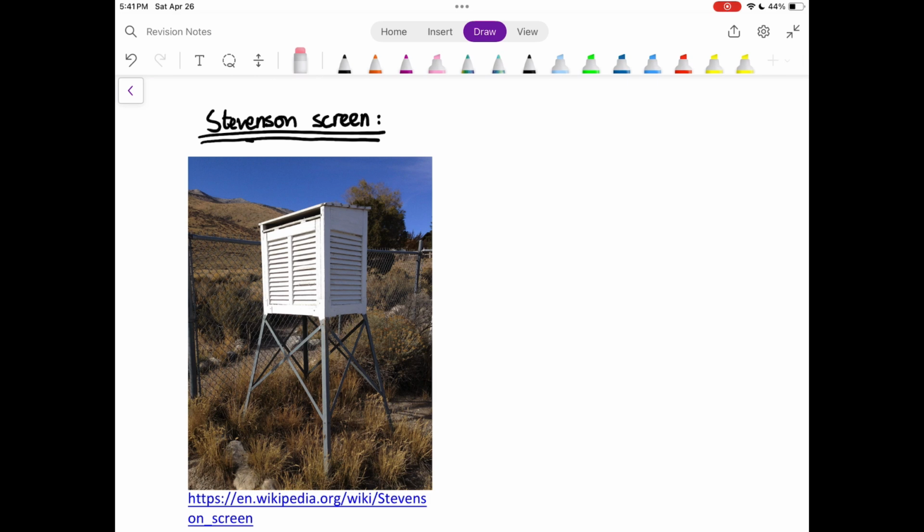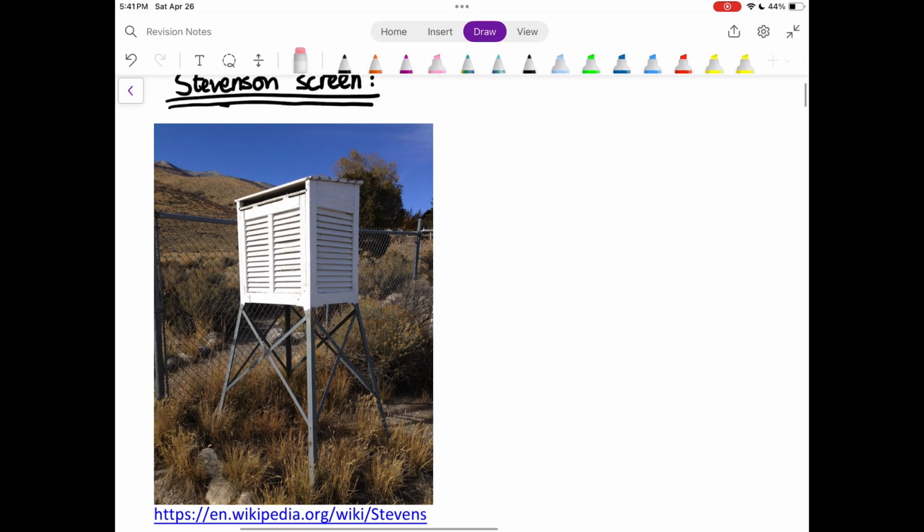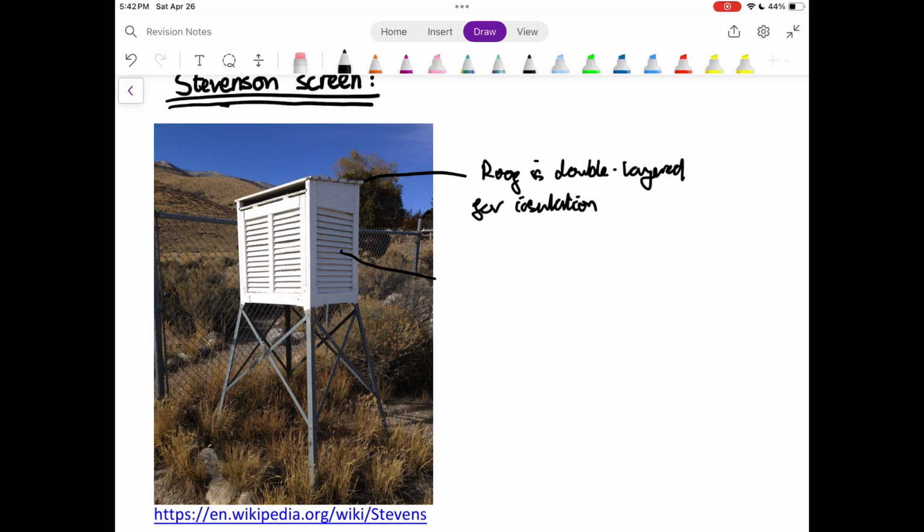You need to know that this roof here is double layered for insulation. And you also need to know that these slats here are for air circulation.